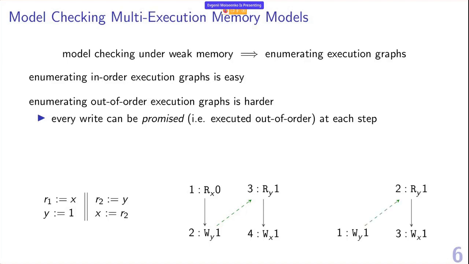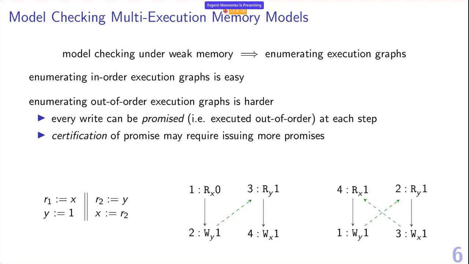And moreover, to avoid thin-air outcomes, we also need to certify these promises. That means that each promise should be backed up by some in-order execution that leads to this store being executed. So these two obstacles significantly complicate the model checking algorithm and make it intractable in practice.